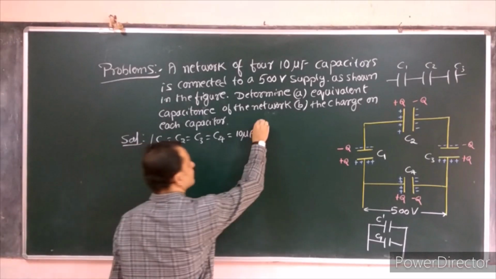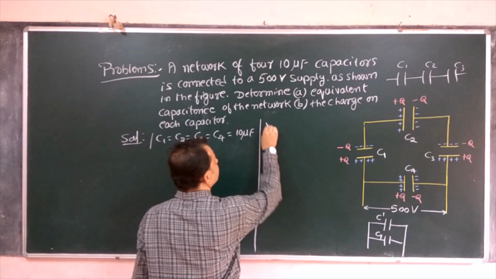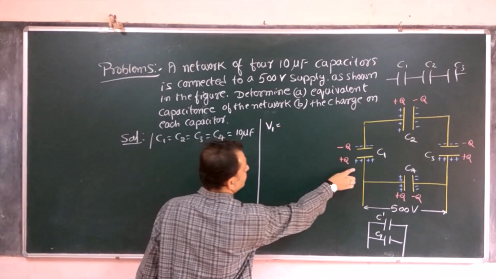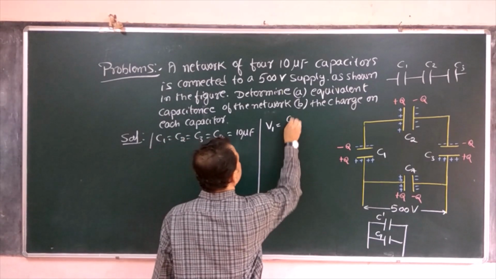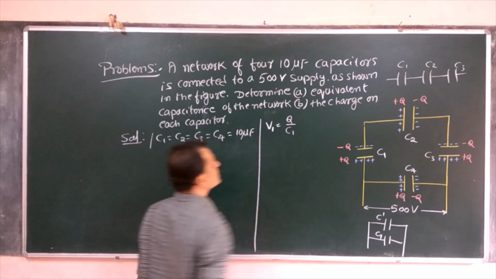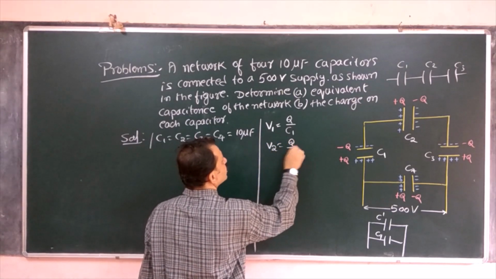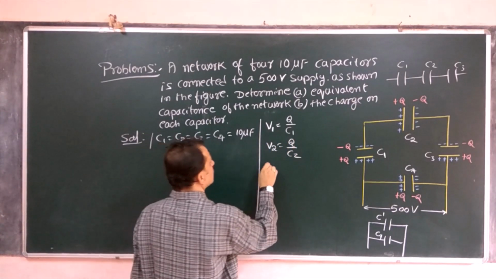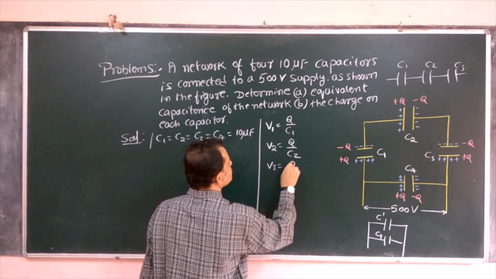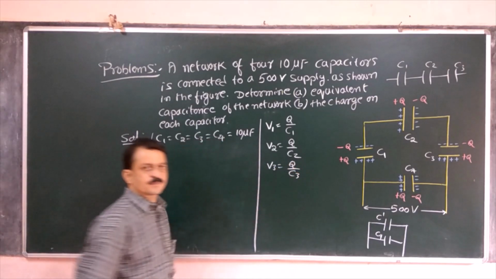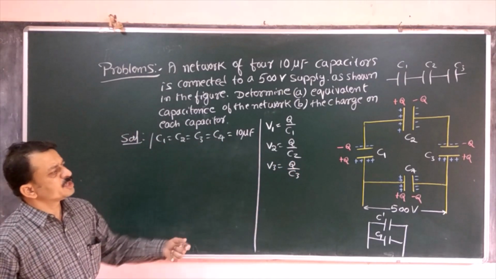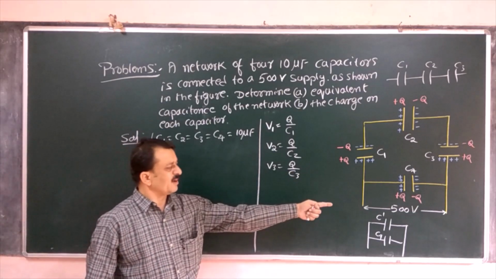Now let V1 be the potential across the first capacitor. Therefore V1 is equal to simply Q by C1, and V2 is equal to Q by C2, and V3 is equal to Q by C3. Now in series combination, the potential applied is 500 volt.